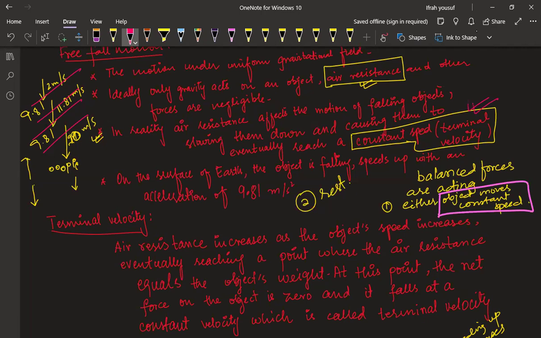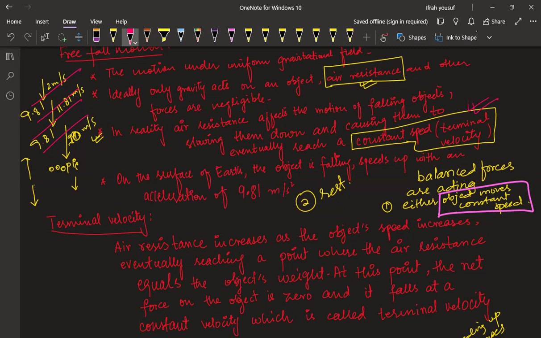Is this making sense? The moment where forces become balanced, at that moment, the velocity becomes constant, and that constant velocity is considered as terminal velocity.